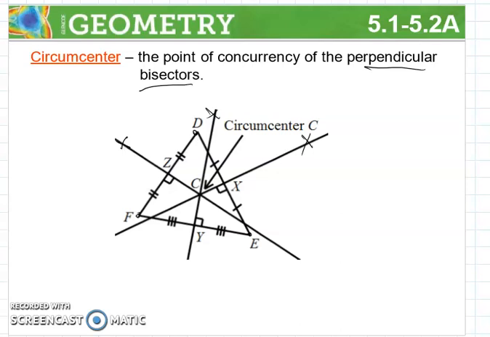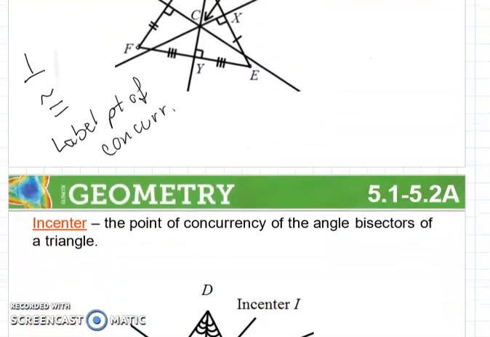So when I have you draw and label the drawings on your worksheet, I want you to put all these marks on it. I want the congruency marks, and I want you to label the point of concurrency. And I also want you to put the perpendicular marks on there.